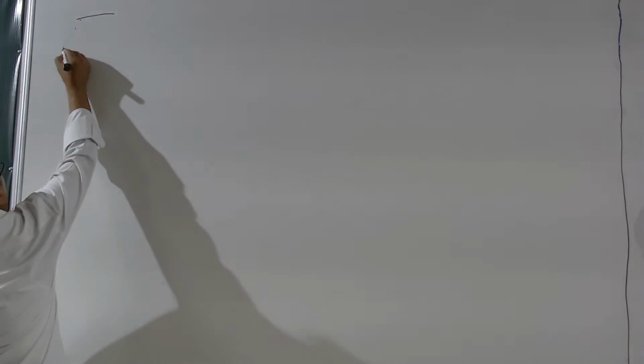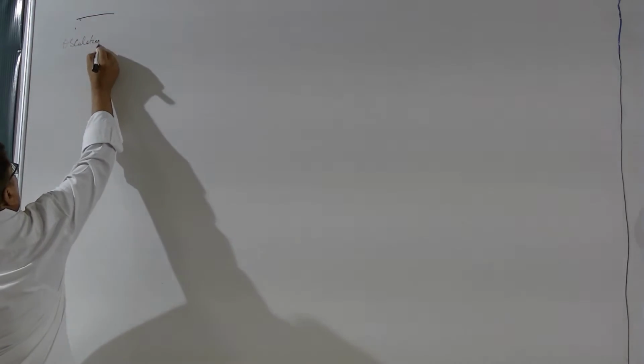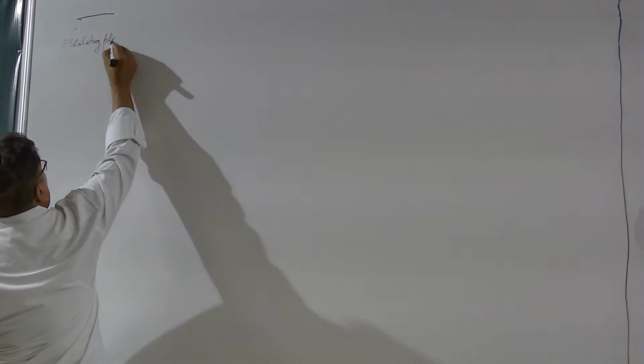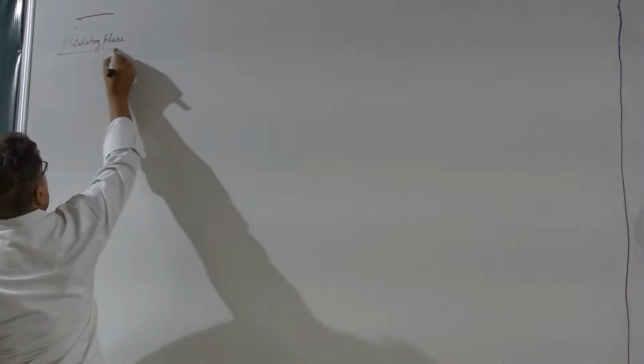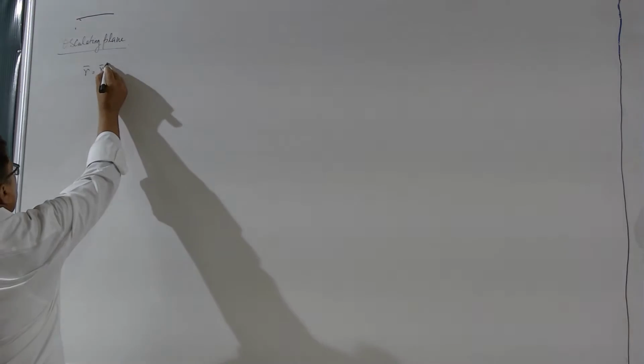Okay, so yesterday we were discussing the osculating plane to a space curve. Let me recall what we had done yesterday. By definition, an osculating plane to a space curve r equal to r(s) is a plane which has a contact of order at least 2 with the curve.